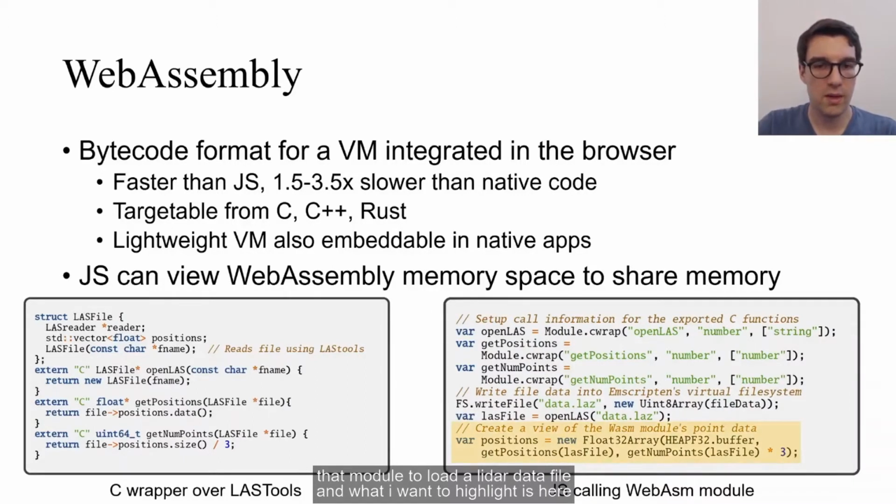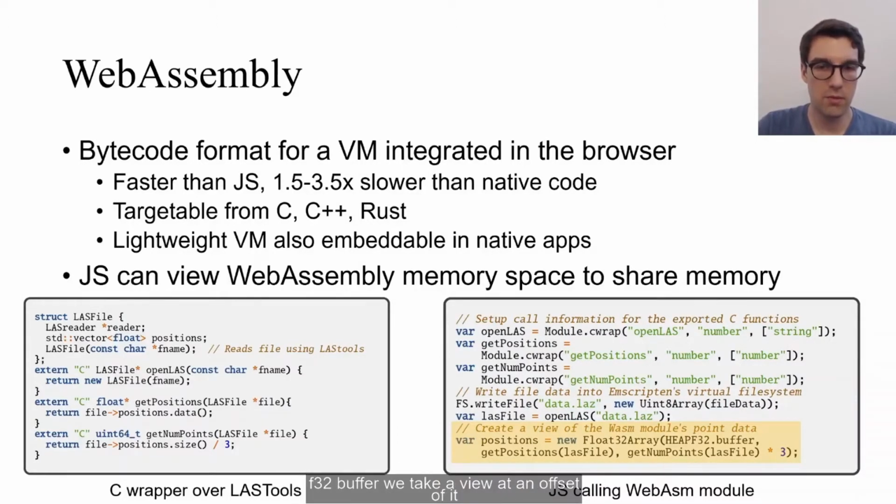What I want to highlight is that after loading the LiDAR data, our JavaScript code takes a view of a subset of the WebAssembly memory buffer, the HEAPF32 buffer. We take a view at an offset of it that contains the actual loaded point data, so we can just get it without copying.